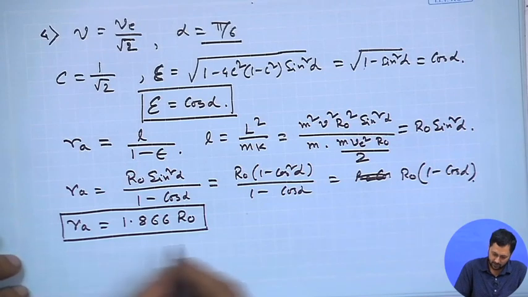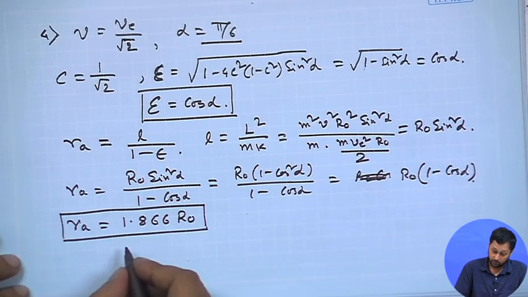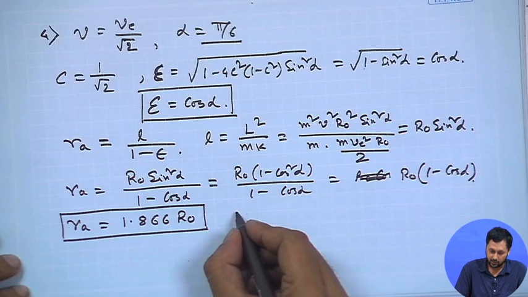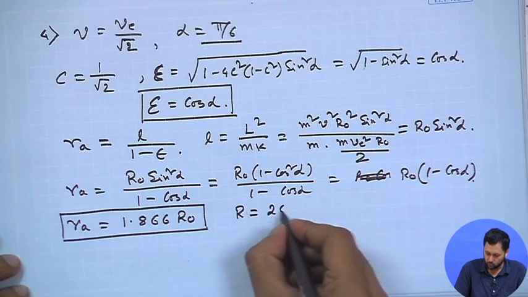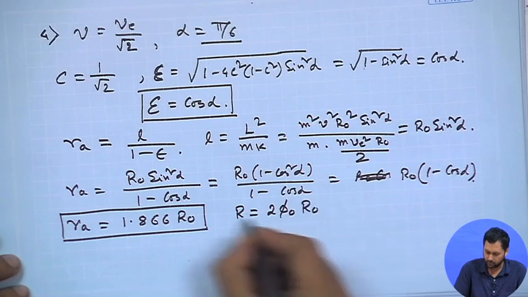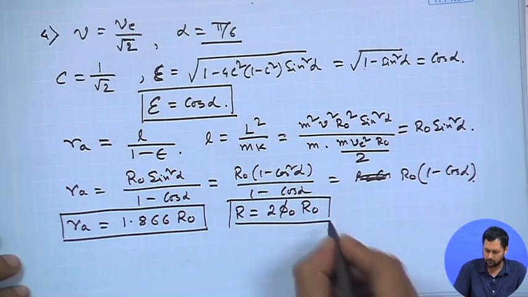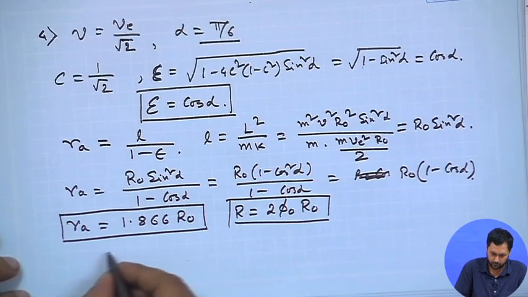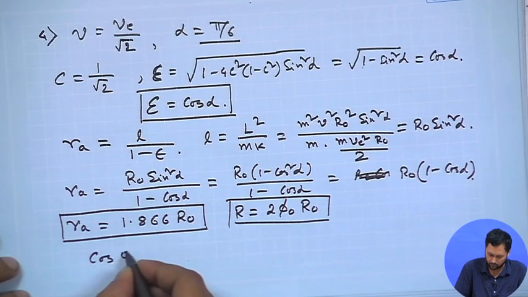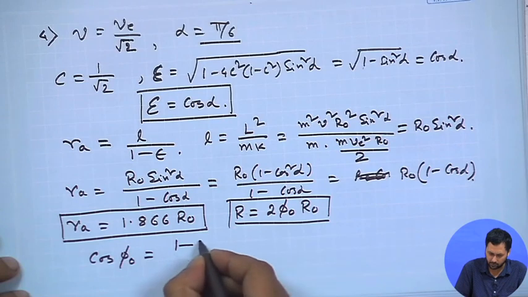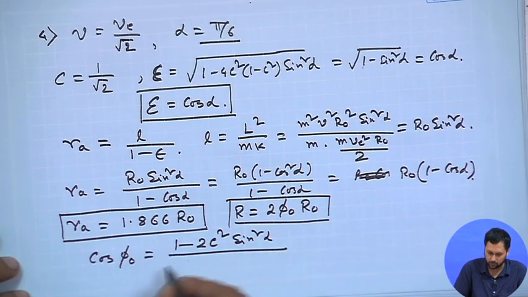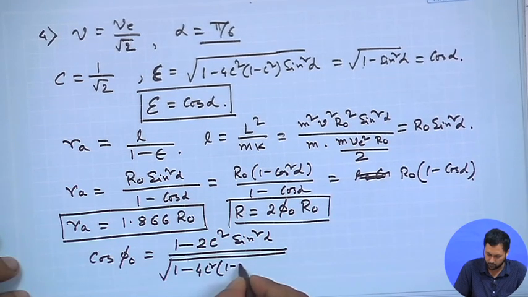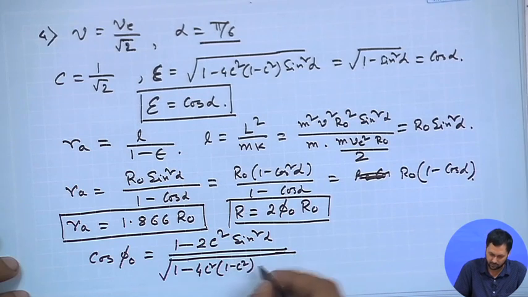And for the range, we have to find phi 0, because please remember, range R is given by 2 phi 0 r 0. So we have to calculate phi 0. There was this expression for phi 0, which is cos phi 0 equal to 1 minus 2 c square sin square alpha over root of 1 minus 4 c square times 1 minus c square, which is the expression for epsilon.